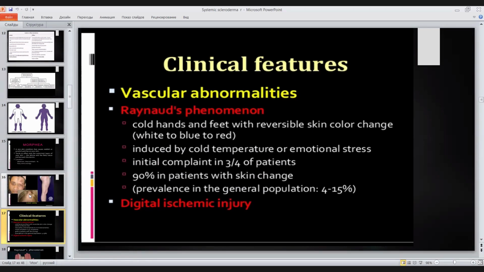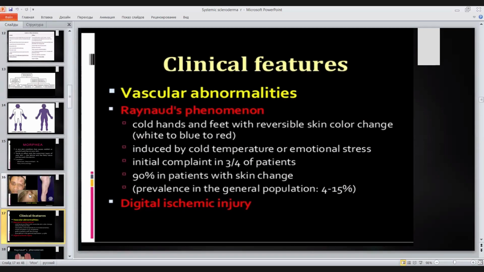Raynaud's phenomenon or syndrome, same thing, students. Due to this, patients have rapid vasoconstriction, and in clinical manifestation, you can find cold hands and feet with color changes, white to blue to red.